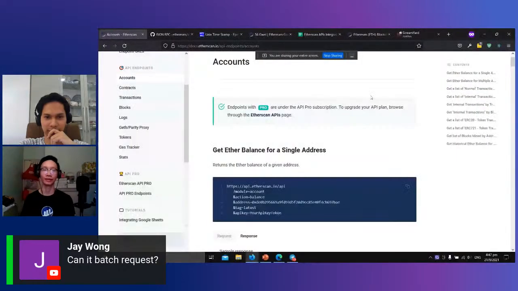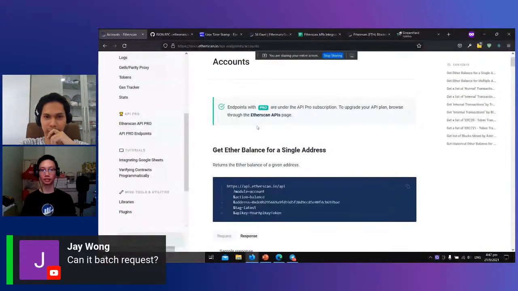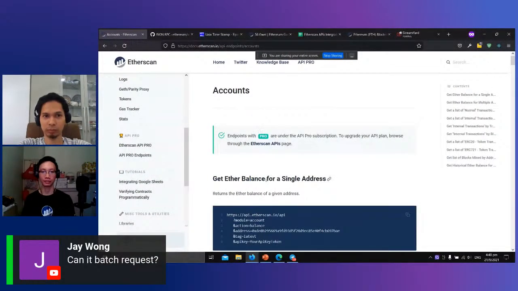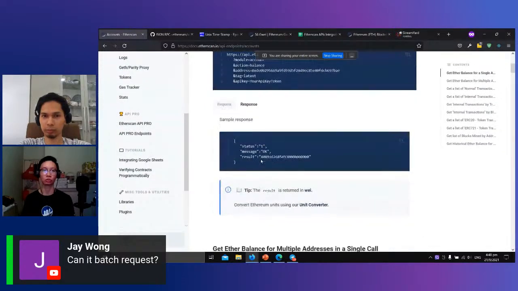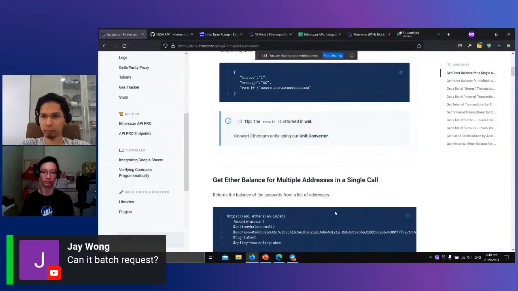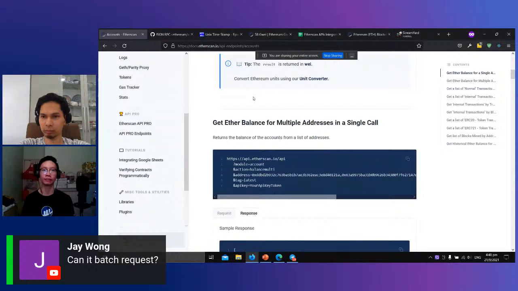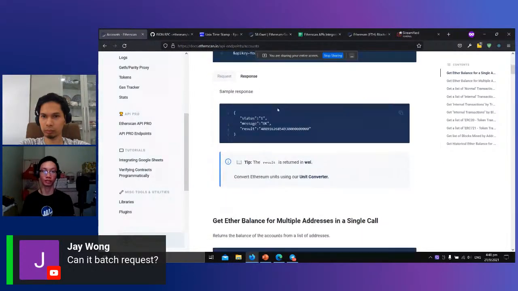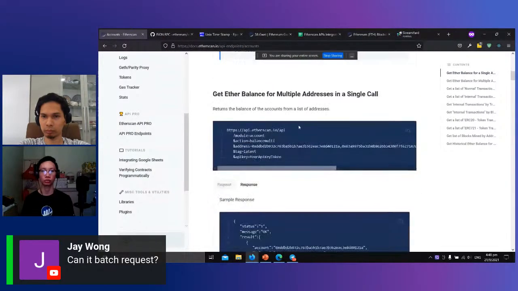Okay, we're back. So if you're using certain endpoints such as ether balance, you would have the option to send multiple addresses at once. Instead of performing 10 of these queries, you could specify a long list and use this endpoint to query them.